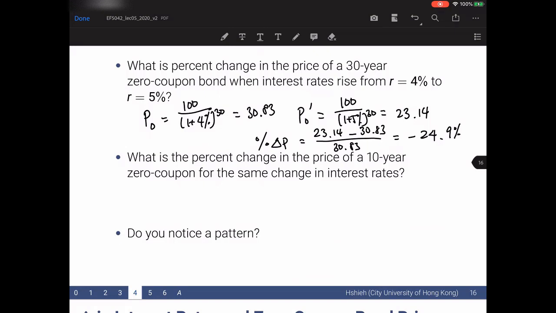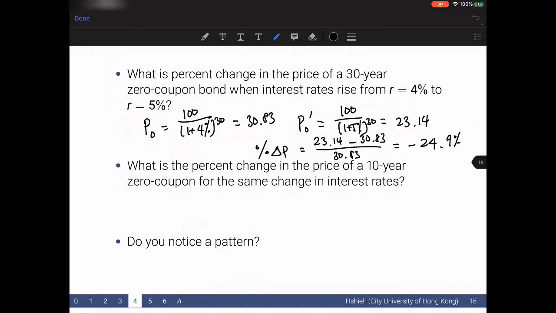So P naught is equal to 100 divided by 1 plus 4%, compounded 10 times, and you should get a number of around 67.55. When we increase the interest rate by 1 percentage point, we should get P naught prime equal to 100 divided by 1 plus 5%, compounded 10 times, equal to 61.39.